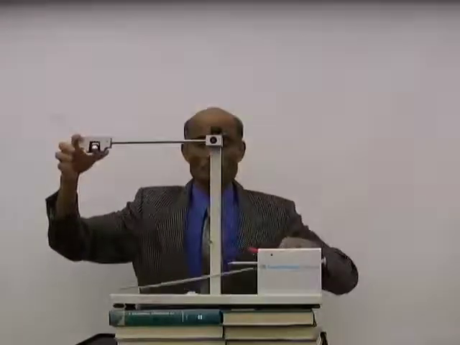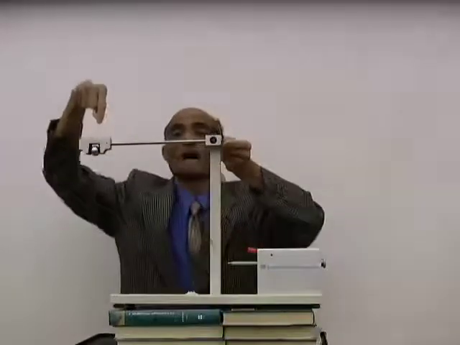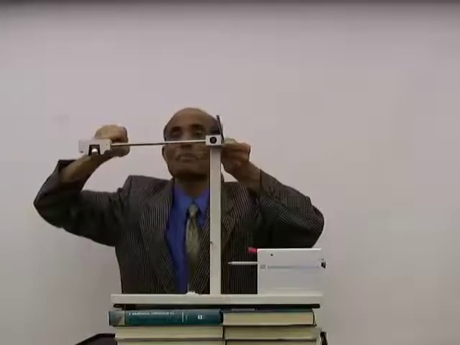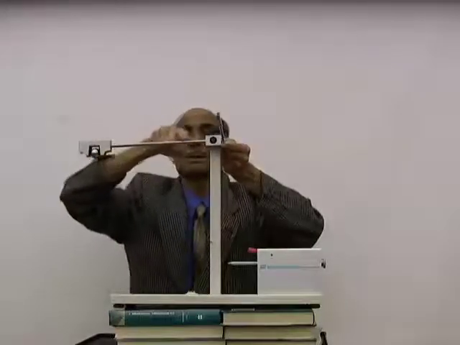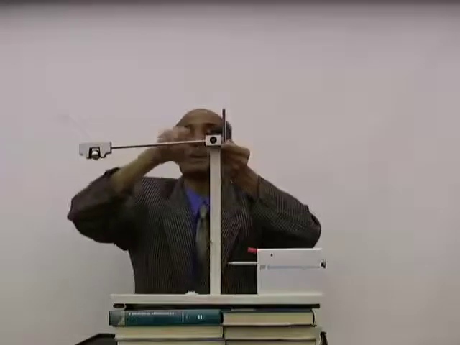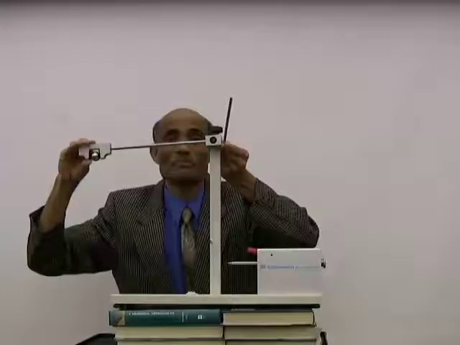Again, if this is the axis of rotation and the force is directed downward, the perpendicular distance between the force and the axis of rotation is this distance, and this distance is called the torque arm.